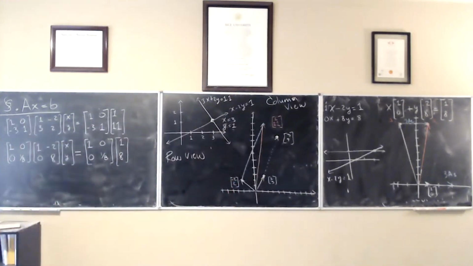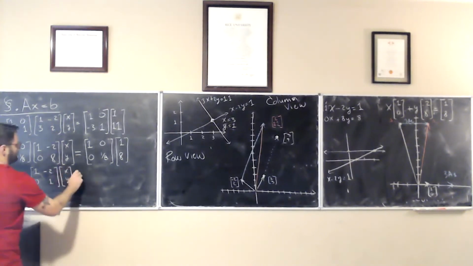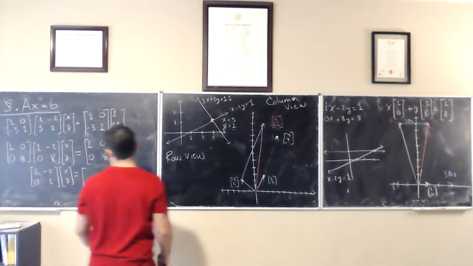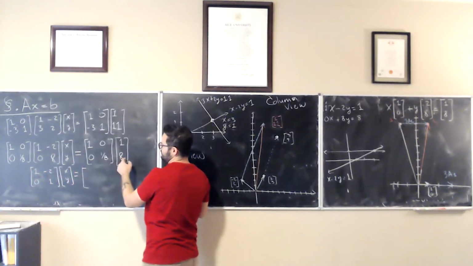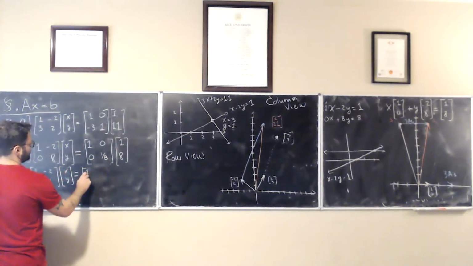So what happens now is that 1 times that row plus 0 times that row is just this. 0 times that row plus 1/8 times that row is just this. And then you can do it column-wise over here, maybe. 1 of this column plus 8 of this column is just 1, 1.